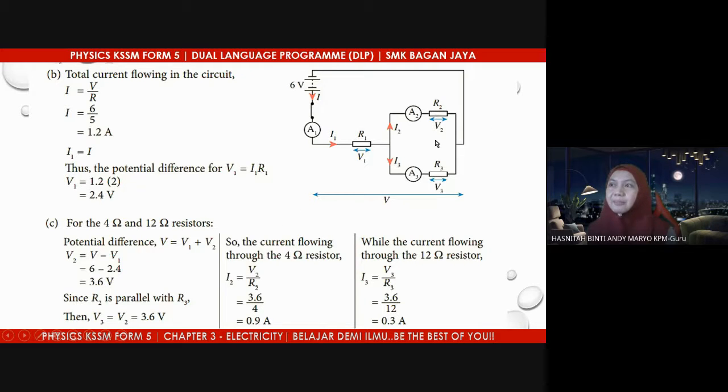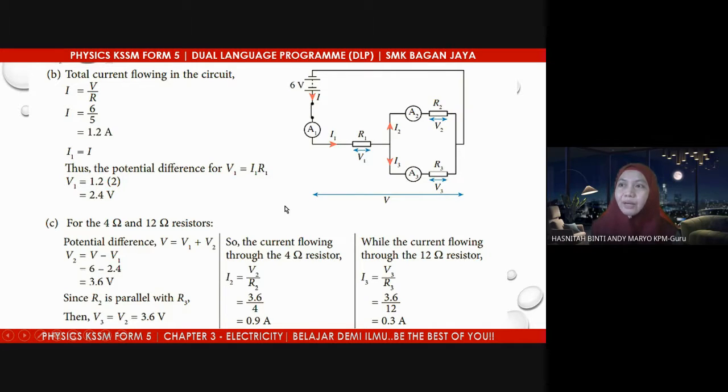Okay, so this is parallel, right? Okay, so this is the total potential difference, V, the total potential difference. V1 plus V2. Okay, what is V2? V2 is this one, R2 and R3. Total is 6. Okay, total we have 6.